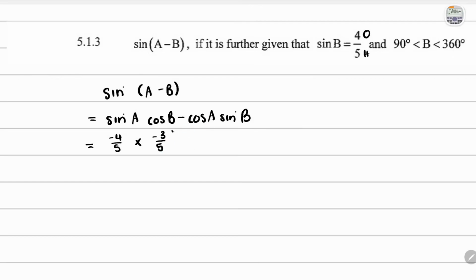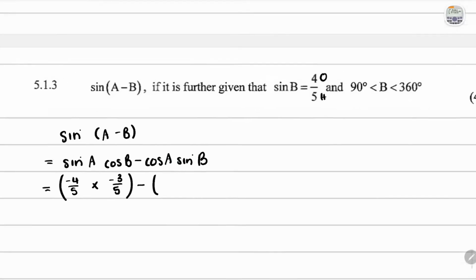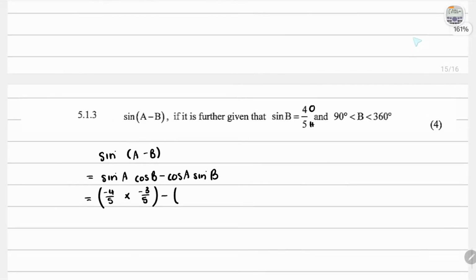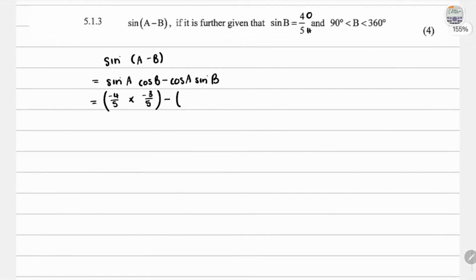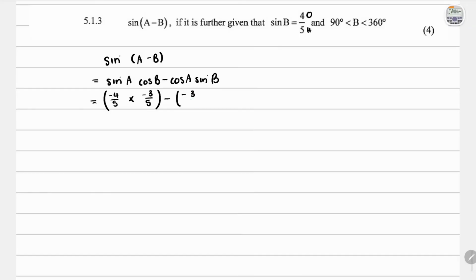Then minus, and we have cos A. Cos A is negative 3 over 5, and then we'll put that down as well: negative 3 over 5.